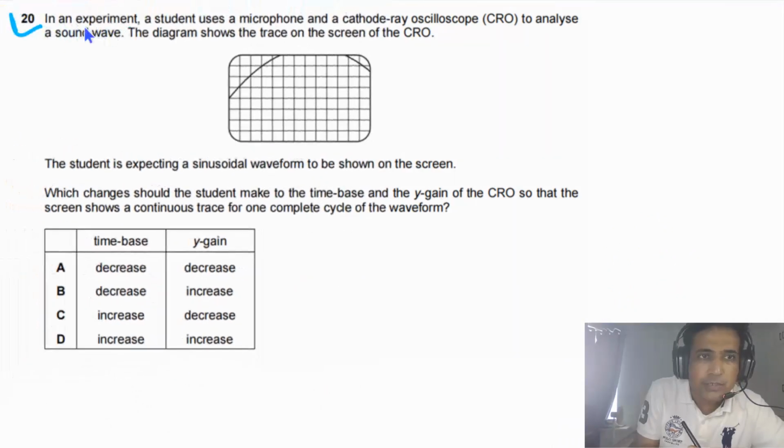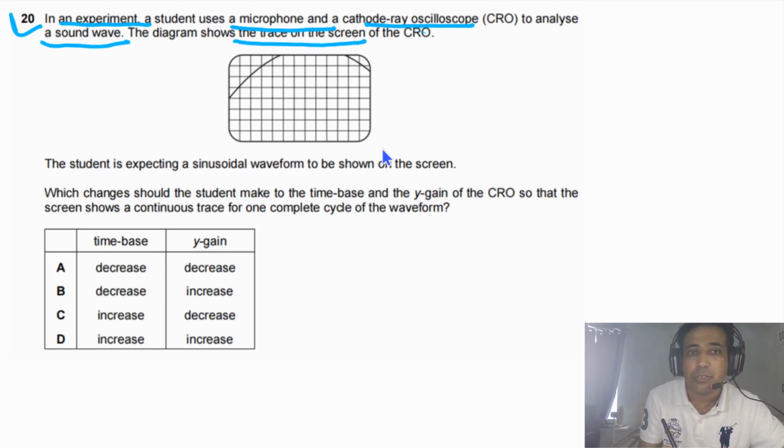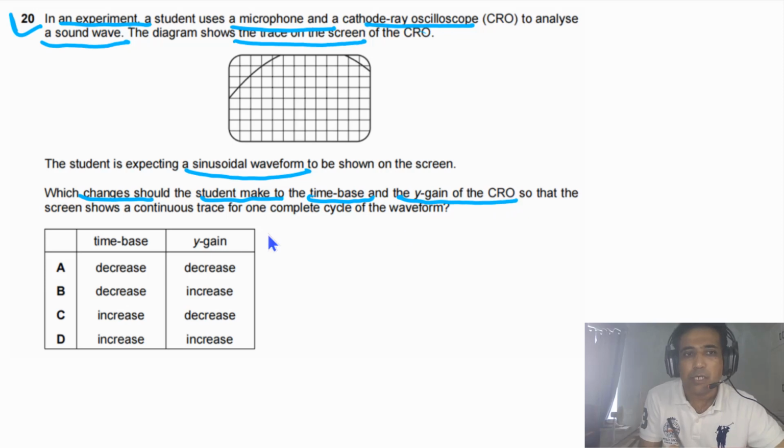Question 20 says, in an experiment, a student uses a microphone and CRO to analyze a sound wave. The diagram shows the trace on the screen of the CRO. The student is expecting a sinusoidal waveform to be shown on the screen. Which changes should the student make to the time base and the Y gain of the CRO so that the screen shows a continuous trace for one complete cycle of the waveform?